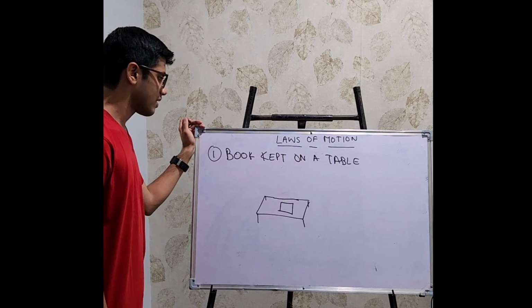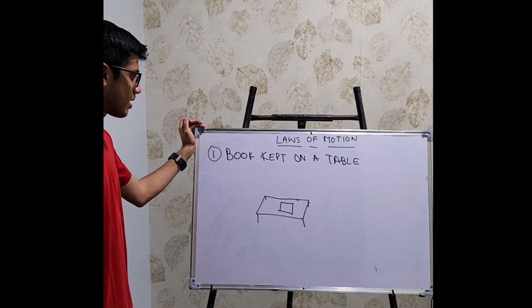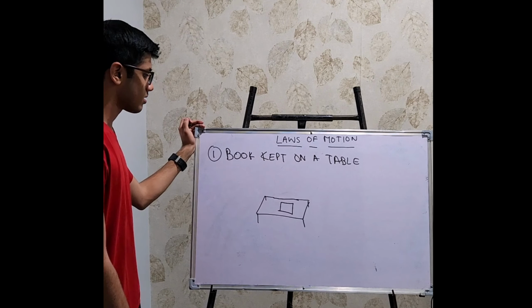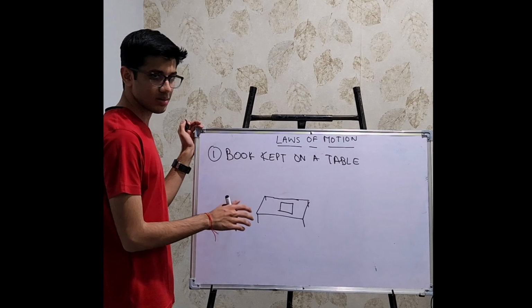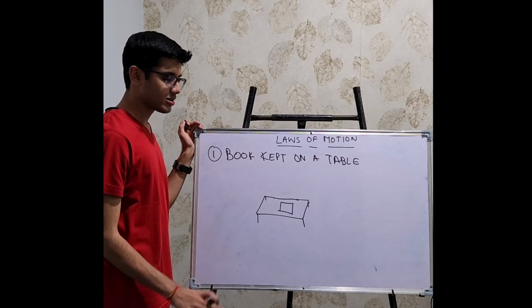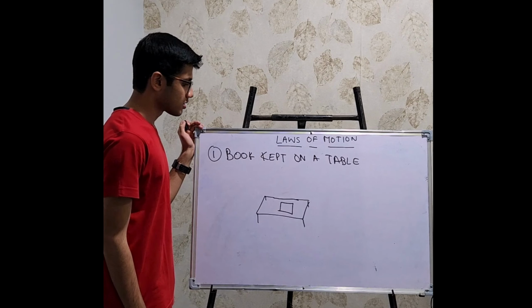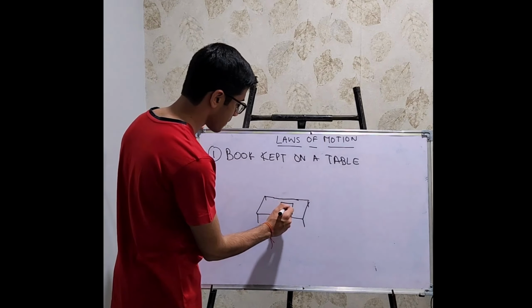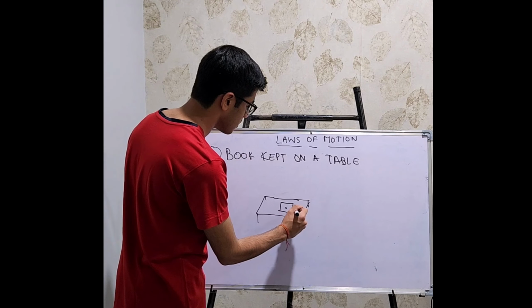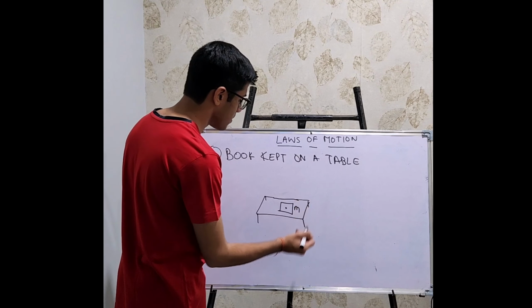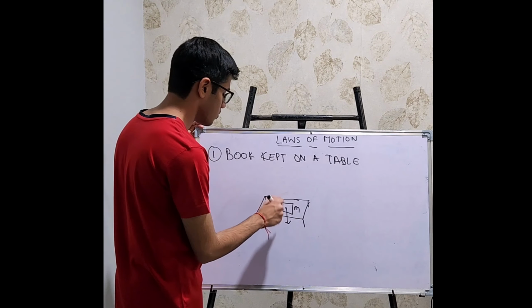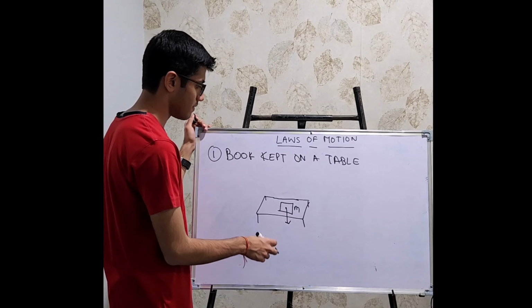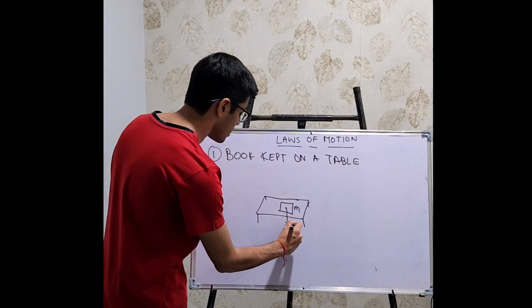Have we never wondered why the book does not break the table or move upwards? When we keep it on a table, it remains at that spot. So what happens is that, let's say the book has a mass m, so a force will be acting downwards, which is the force of gravity, m into g.